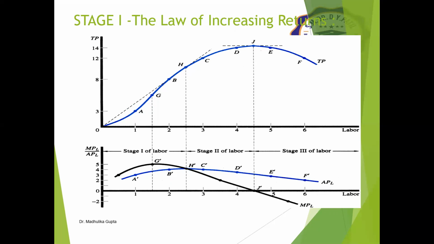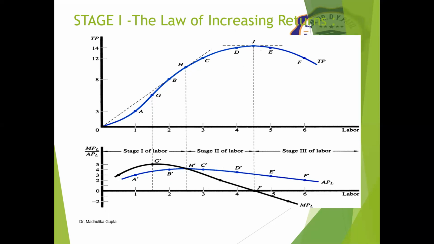In this stage, the TP increases at an increasing rate up to point H. Can you see in the first graph? MP also rises and is maximum at point G dash, in the second graph. And AP also goes on rising. So everything is rising in this stage: TP, MP, AP, right?